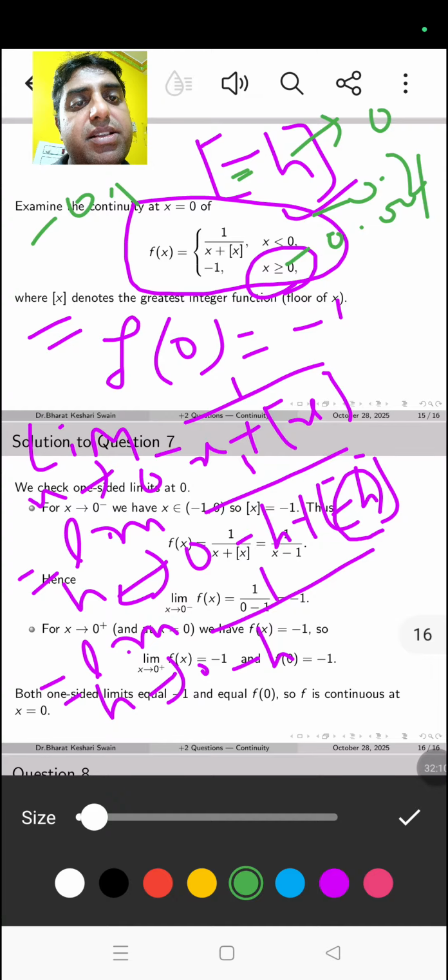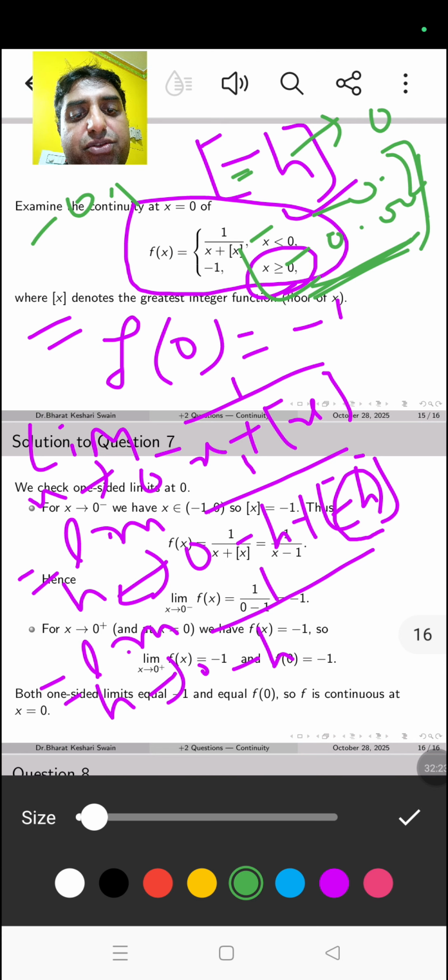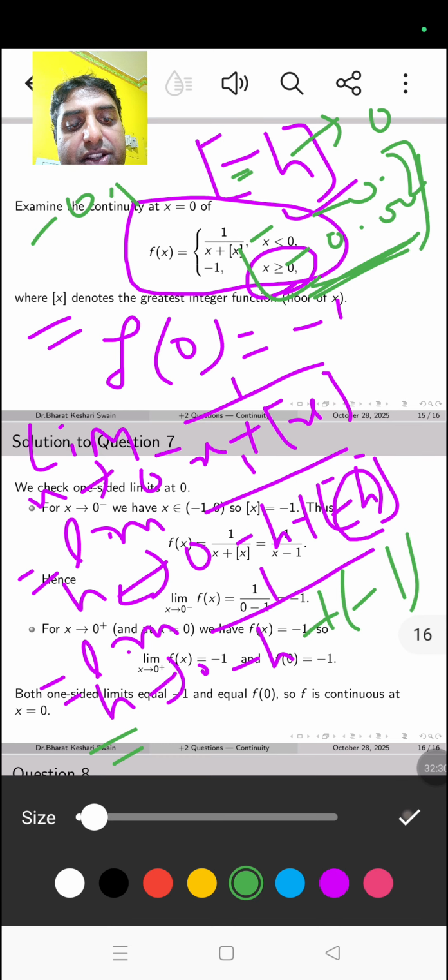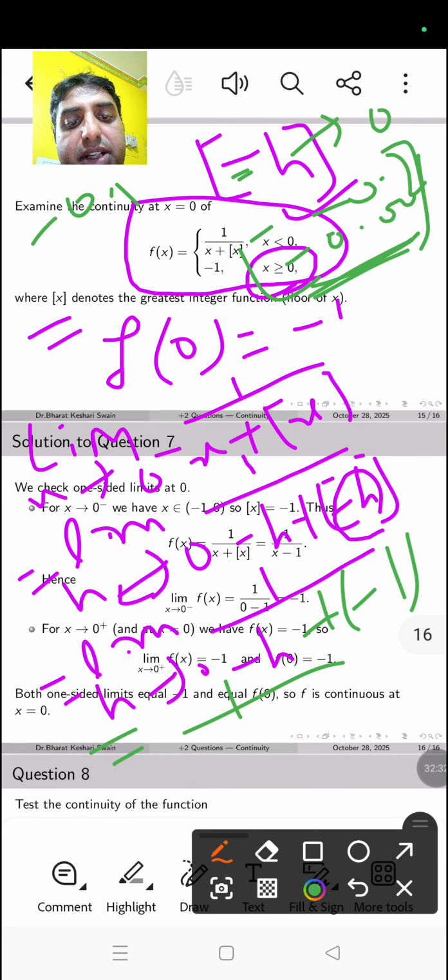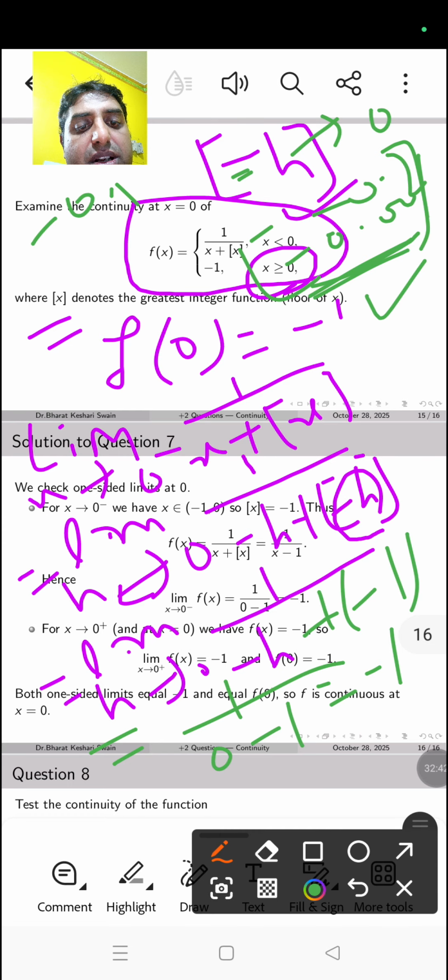The greatest integer of minus 0.001 will be minus 1. So as h tends to 0, it is 1 divided by 0 minus 1, and the value is minus 1. So the functional value is minus 1 and the left hand limit is minus 1.